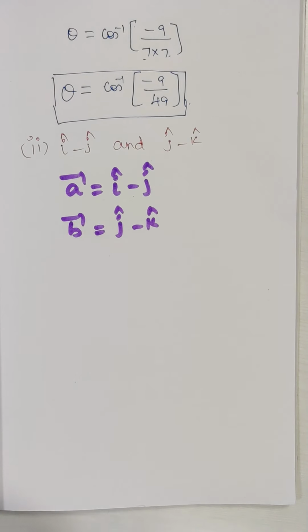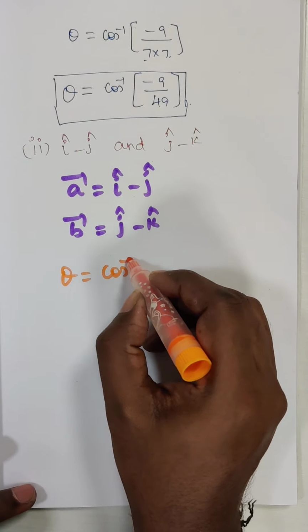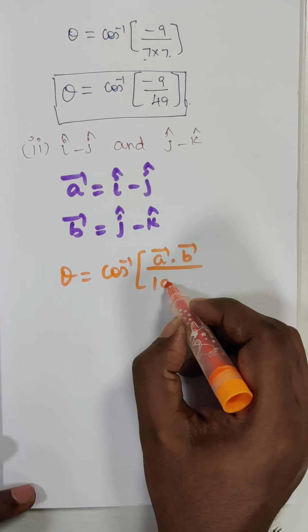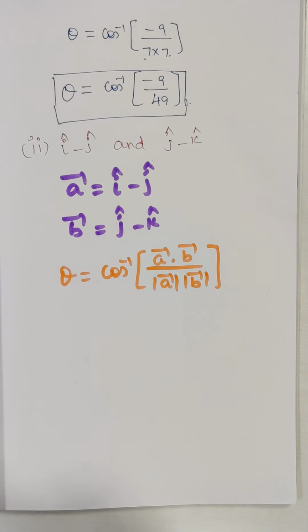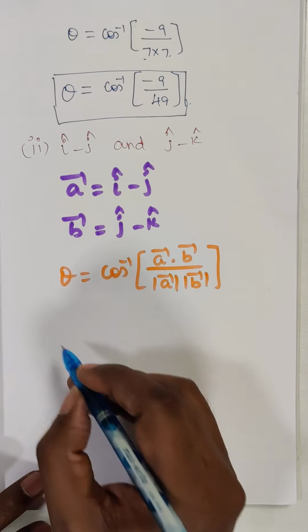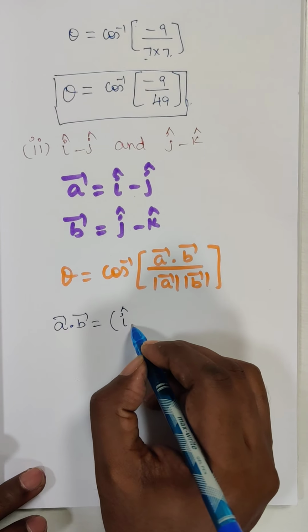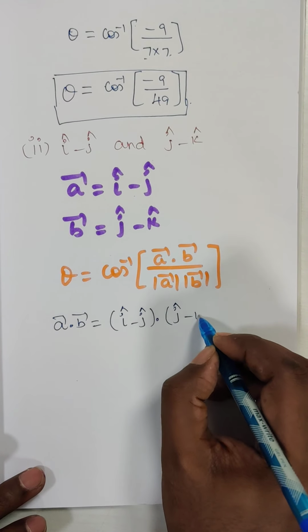So already we know the angle between two vectors: theta is equal to cos inverse of a vector dot b vector by modulus of a vector modulus of b vector. Now we have to find a vector dot b vector.